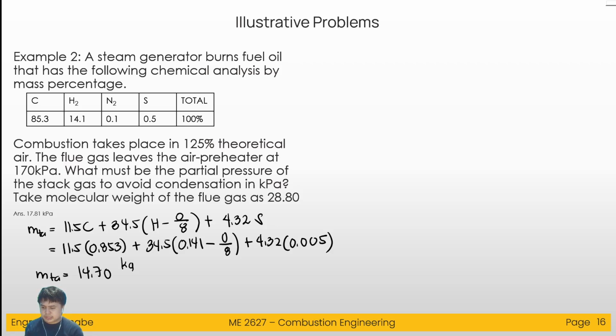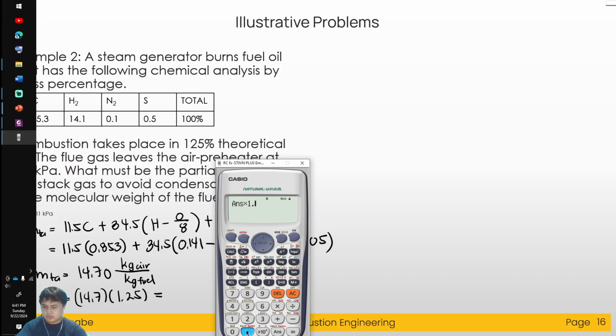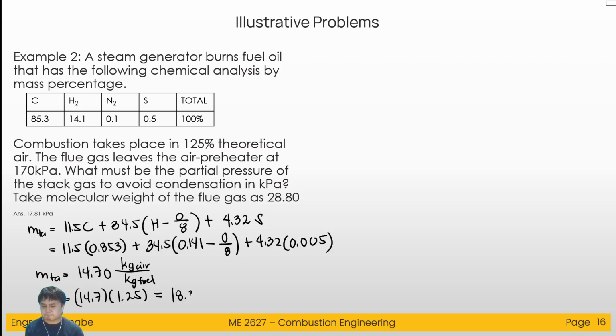The unit is kilogram of air per kilogram of fuel. So the actual air will be just 14.7 multiplied by 1 plus 0.25, or 1.25. So 25% is excess air, so we just multiply this by 1.25. You have 18.37 kilograms of air per kilogram of fuel.